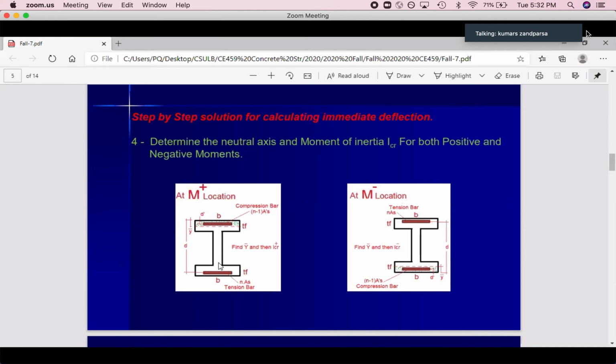The rest part is cracked, so the concrete is completely split. There is no compression here, nothing. Imagine it's air here. We just have rebar in compression, concrete in compression, rebar in tension. That's it for positive moment. The rest, the white part, we have to neglect because it's cracked already.